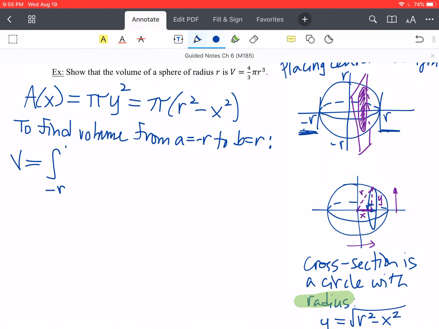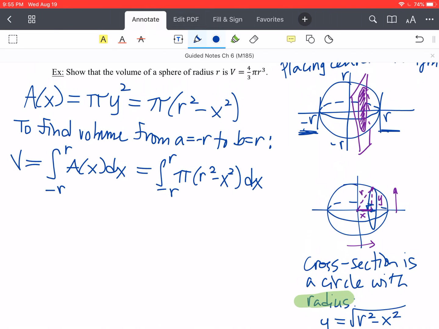So integral from negative r to r of that cross-sectional area. Okay, so we get the integral from negative r to r of pi times r squared minus x squared dx.